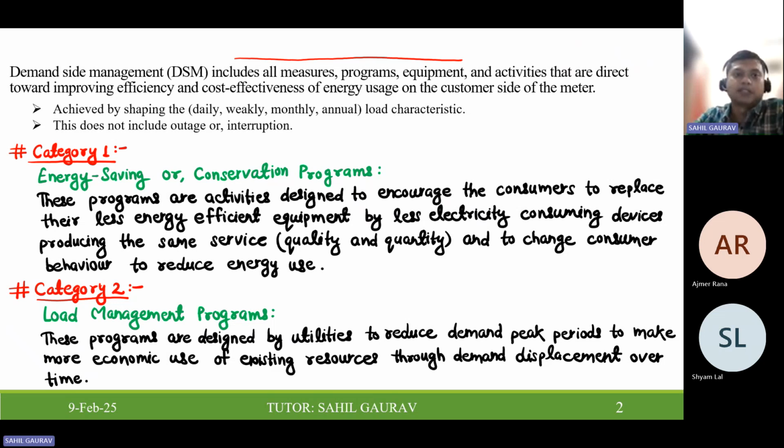This can be achieved by shaping the load characteristics. One important point here is that demand side management does not include outage or interruptions. So without doing outage or interruptions, we have to improve the efficiency and cost effectiveness of energy usage on the customer side of the meter.